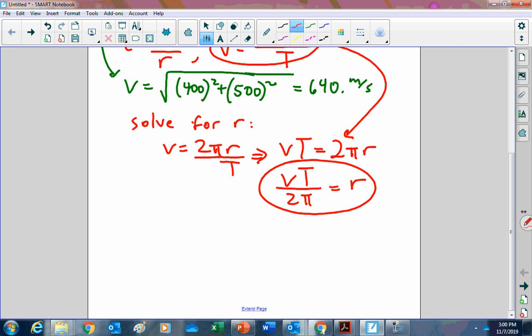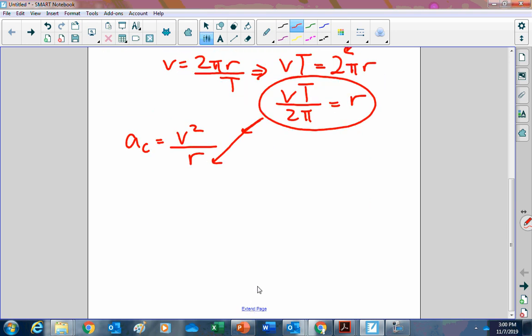Then I'm going to substitute that in so that I can plug that in where R is. And if I simplify this, then one of the v's goes away and the 2 pi moves up.